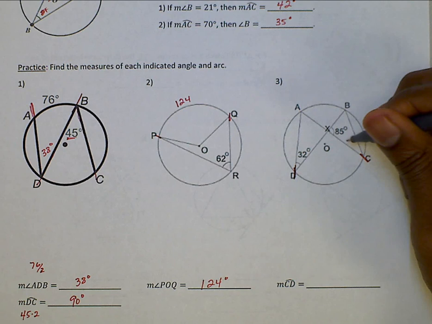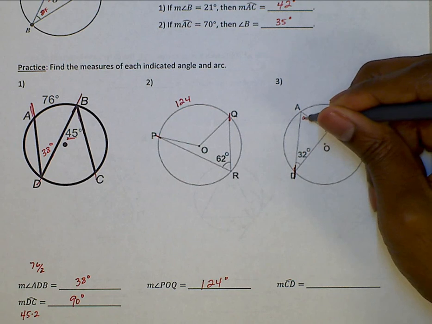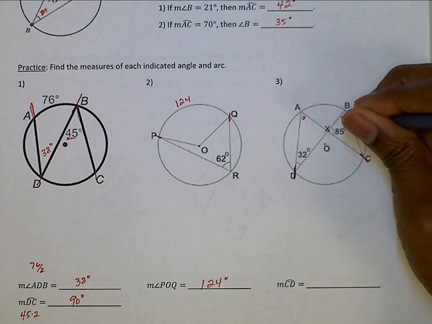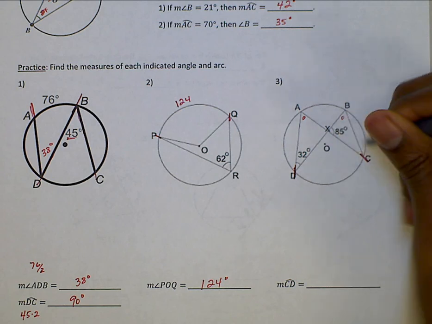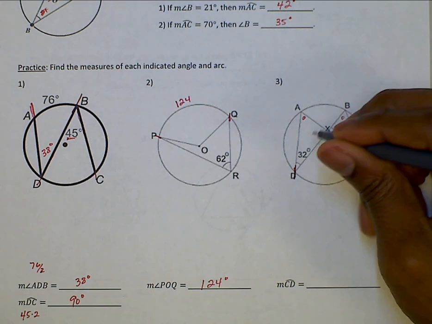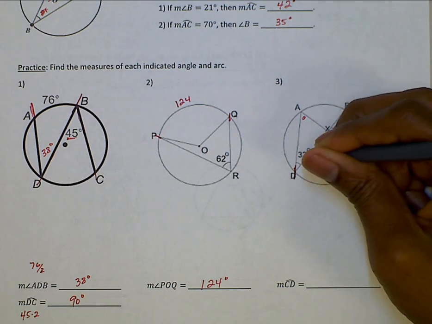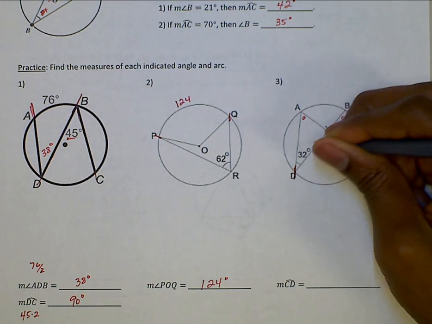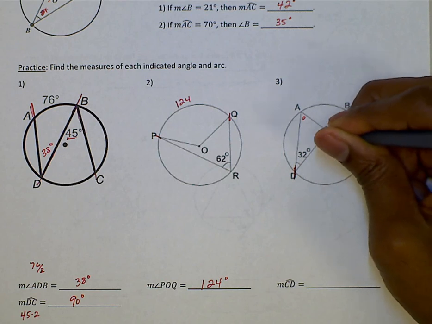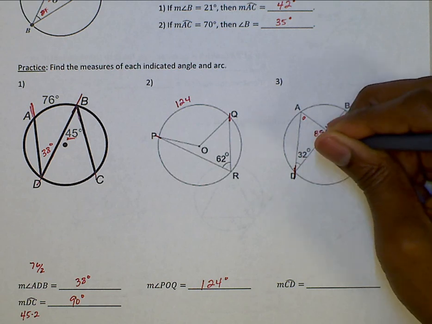And if I could find angle A, or if I could find angle B, both of these inscribed angles intercept arc CD. So I'm going to use the measures inside of my triangles to see what I can find. I'm given that this is 32 degrees. And here I notice vertical angles, vertical angles being congruent, because we know that this is 85. So 32, 85, that gives me 117.